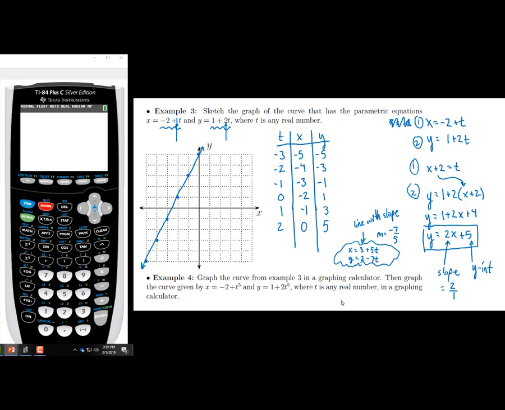But the other thing is I wanted to show you how to create graphs of parametric equations in the calculator. Just as we did with graphing polar equations in the calculator, we're going to have to switch modes. So I select mode, and then I go down, and in the same place where I changed to polar coordinates, I select parametric.